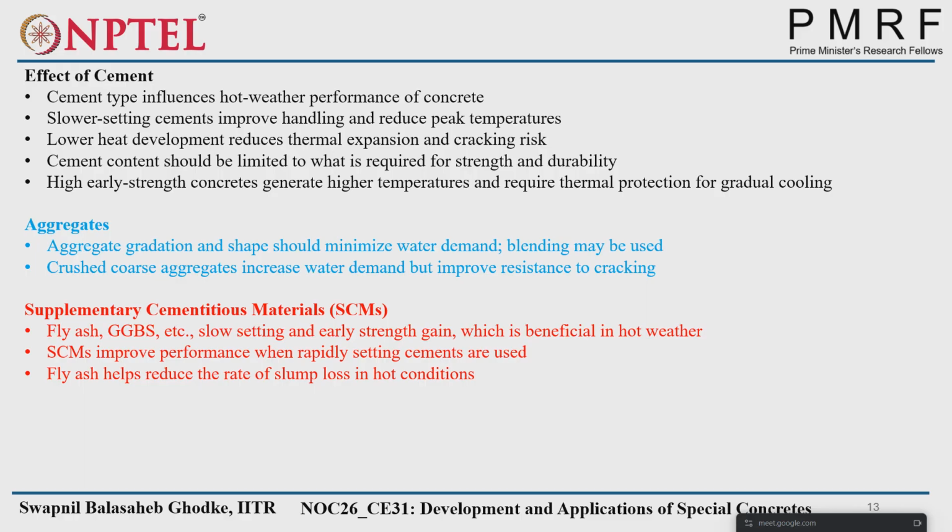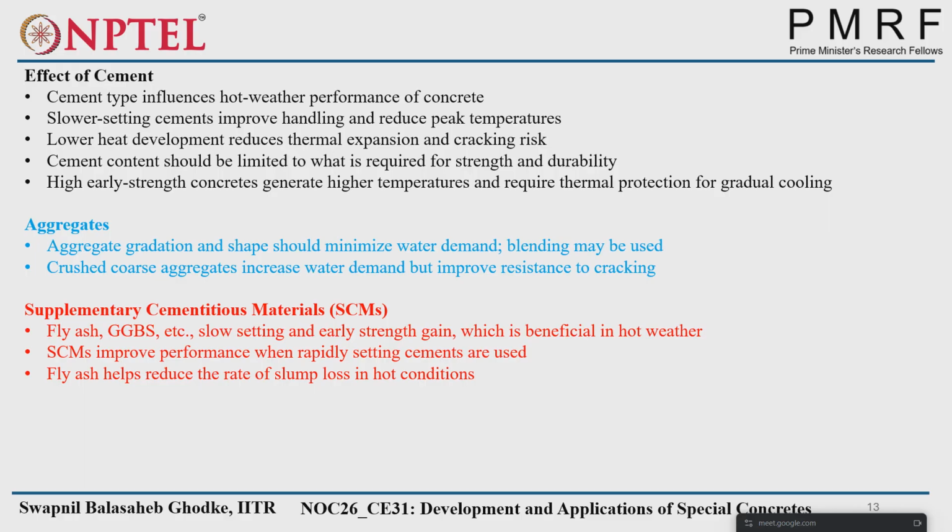Supplementary cementitious materials we already discussed, fly ash, GGBS, which have slow setting because we saw the reaction, right? C3S plus H2O equals CSH, C2S plus H2O equals CSH, right? But in the case of mineral admixtures, whatever calcium hydroxide is produced as a byproduct from the cement will be used along with the silica content of these mineral admixtures, and then additional CSH gel will be formed, right?